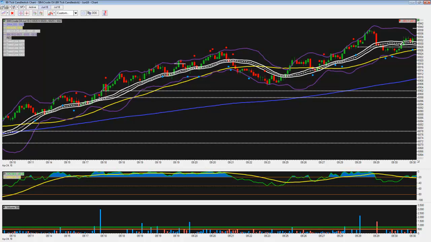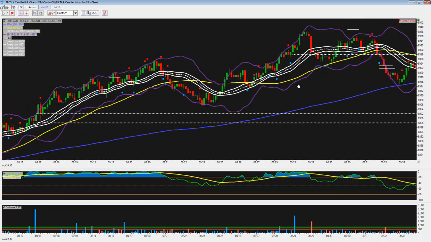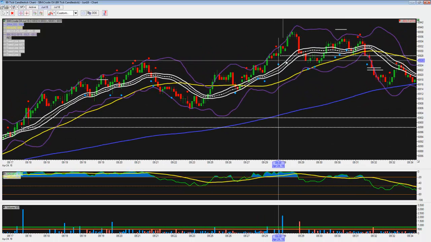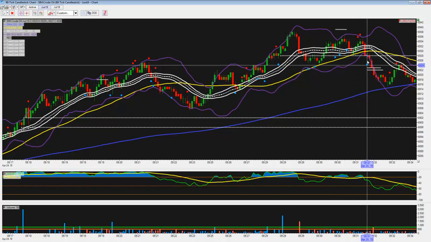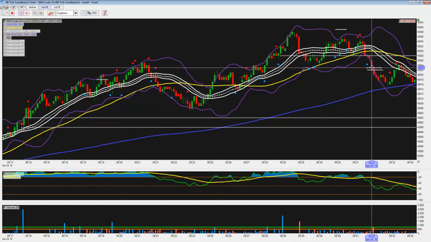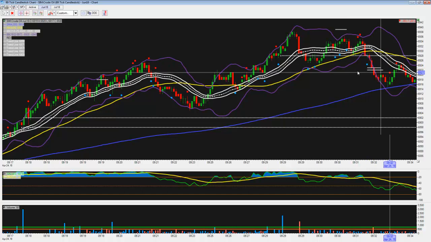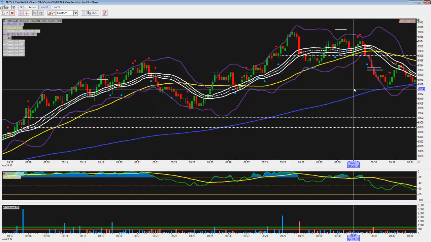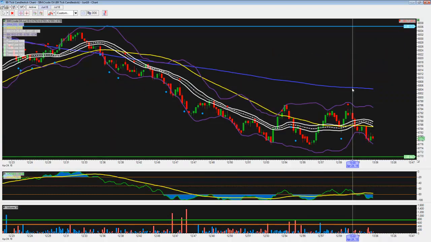And really I want to concern myself with this short below. So there's your entry point going into the short side. This is where I physically got out of the trade and where I would have been short right underneath this area right here. And from this point to right now, we've been down.